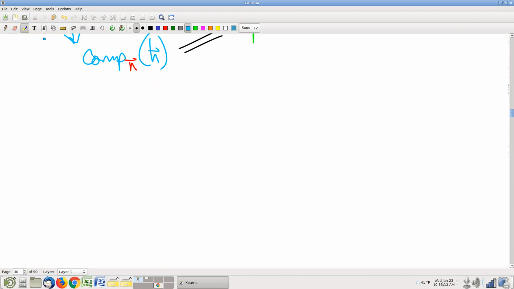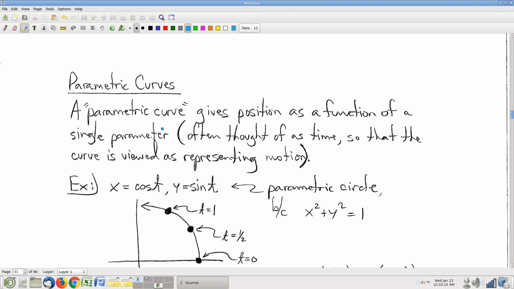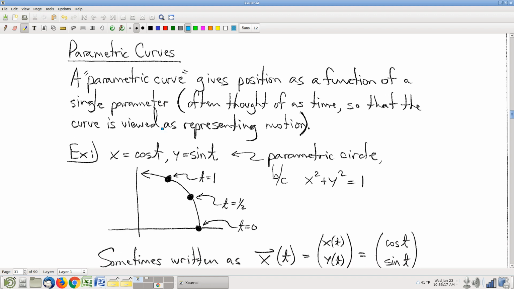So moving along, we're going to talk about parametric curves now. We've seen parametric lines, or parametrizations of lines. The term parametric line means a line for which you have a parametrization. So a parametric curve is the same thing: a curve for which you have a parameterization.